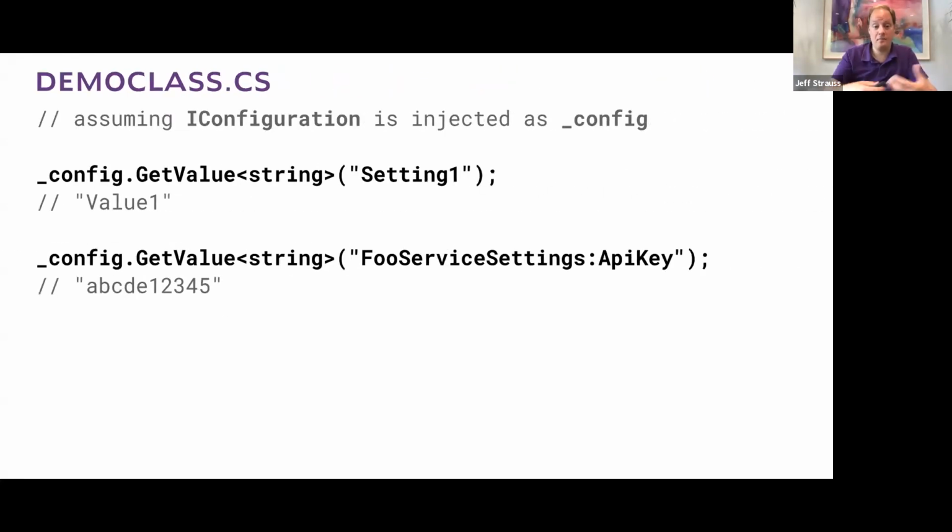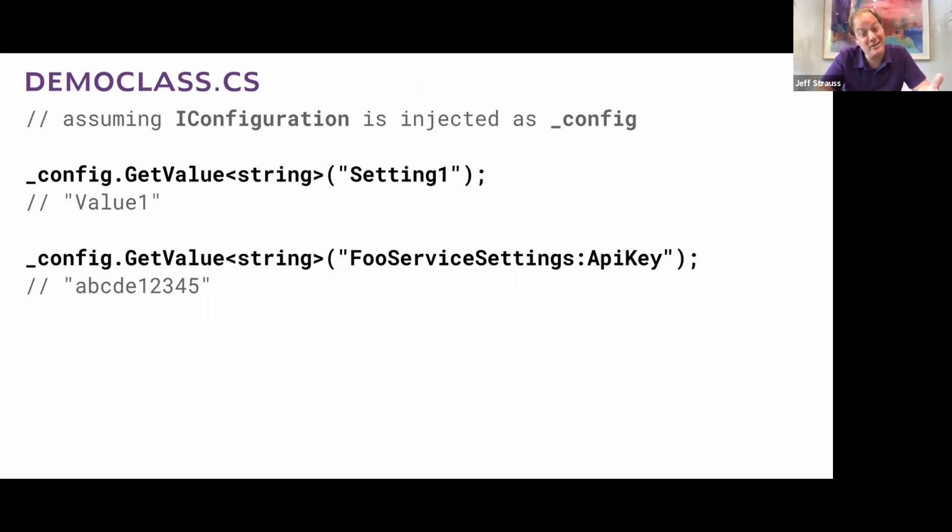In code, there's a lot of ways we can get stuff back out of IConfiguration. First off, and the easiest, although not necessarily the best: let's assume for a moment that IConfiguration, by the way, is registered. There's kind of a chicken and egg problem here, because IConfiguration during the host builder process actually gets configured into our container.